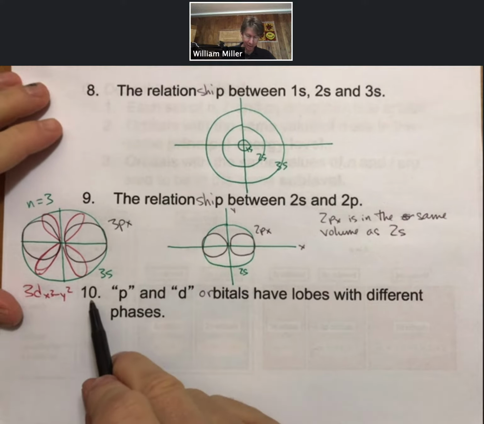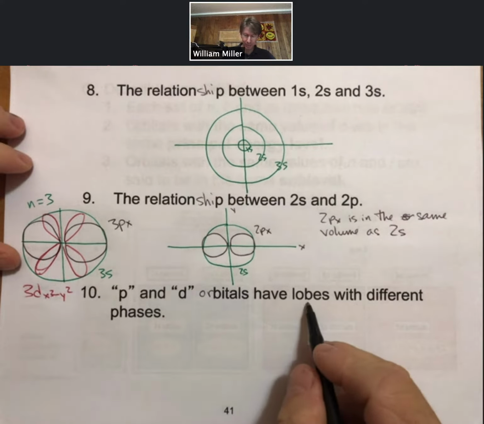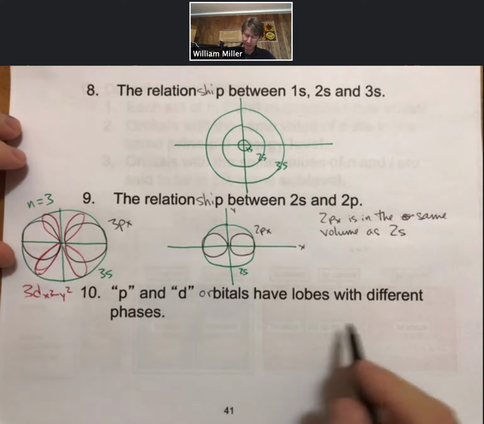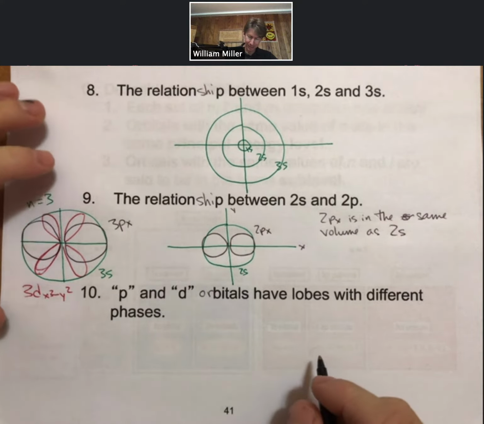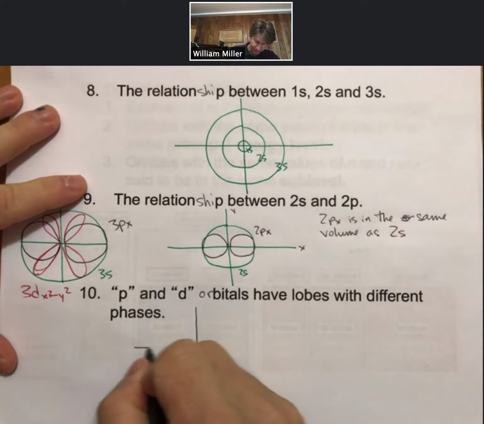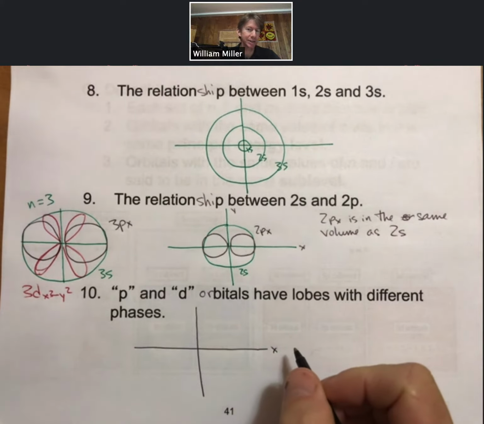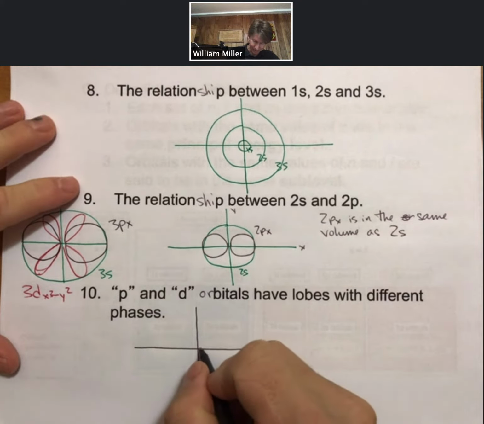But for now, let's talk about the p and d orbitals. They have lobes, that's what we're going to call these pieces, with different phases. Let's just draw what I mean by that. We'll draw on the x-axis, let's just say 2px.